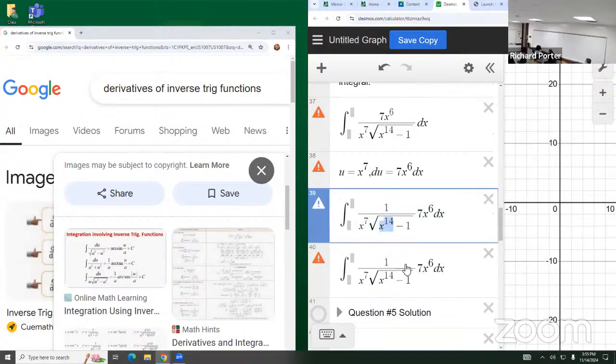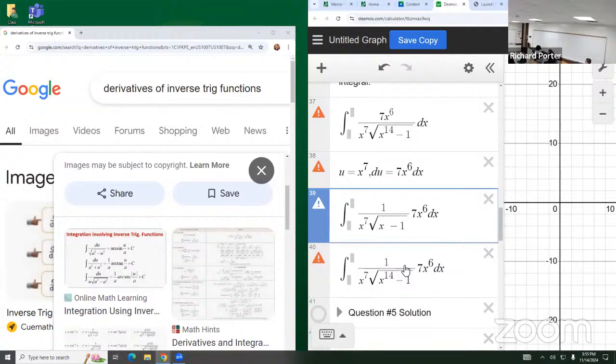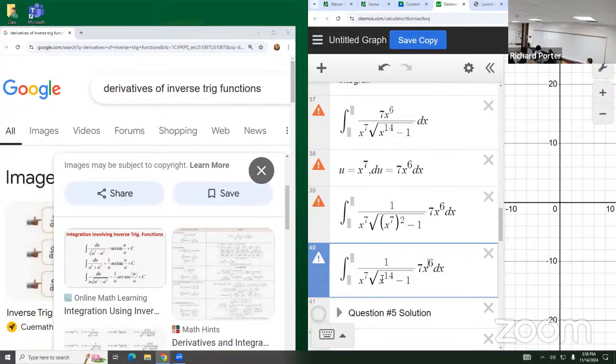And x to the 14th power is just x to the 7th power squared. So now when I replace that, this whole thing is going to be u squared. This here is going to be u. And this is all going to be du.